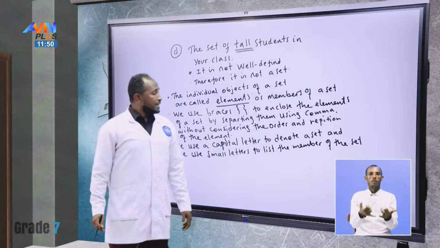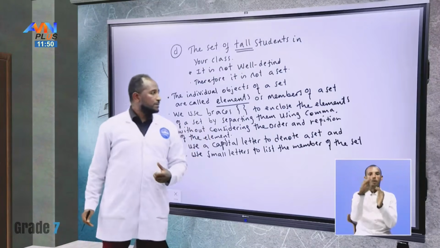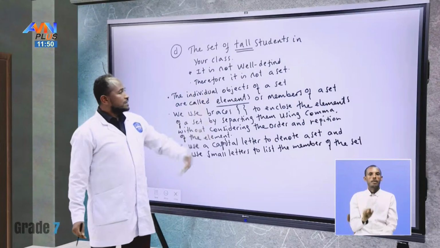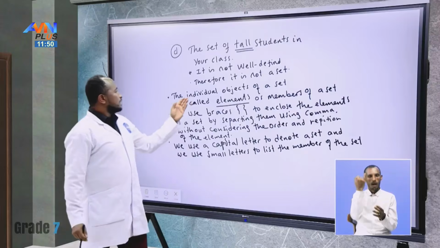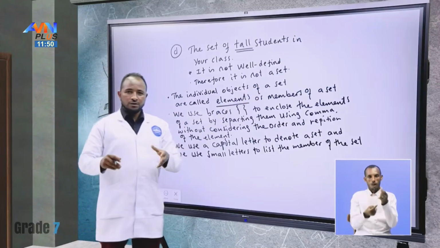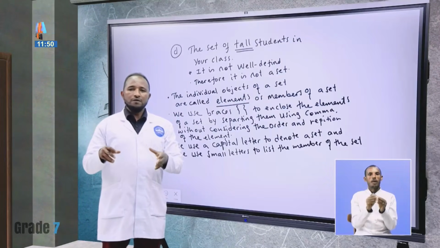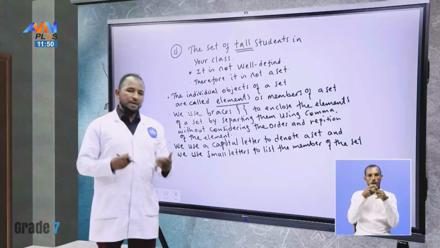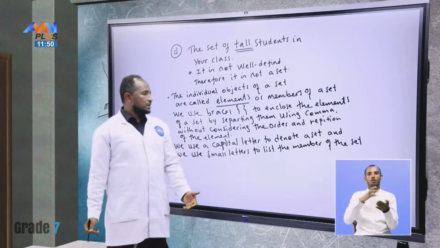Now, let's see an example for this concept. Let's see this idea again. The individual objects which are found in a set, we call them members or elements of the set.